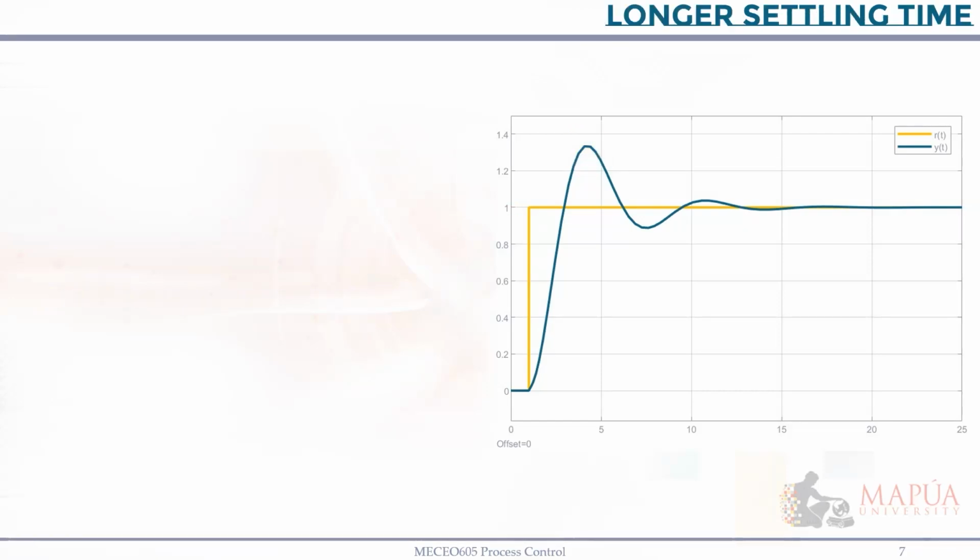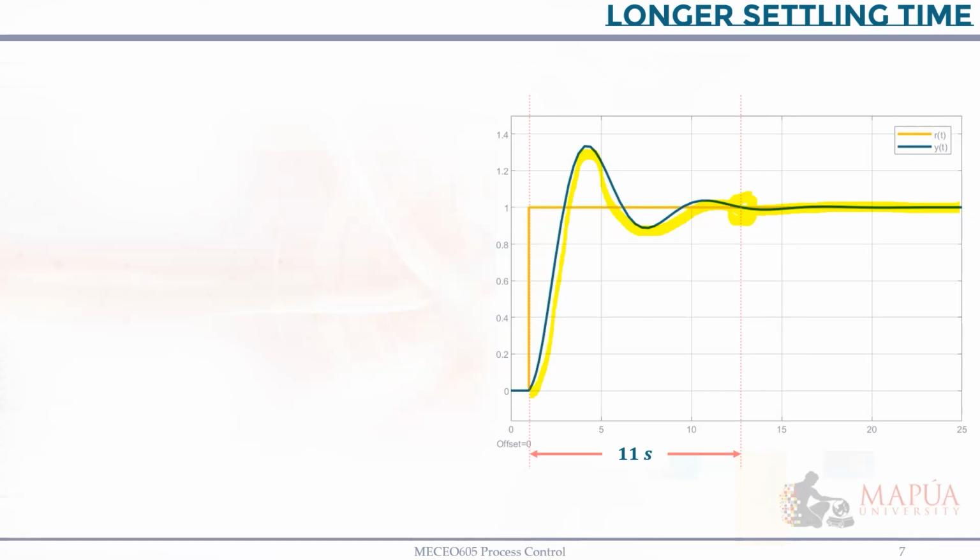Next effect of time delay is the settling time, meaning a longer settling time. In this case, my output starts from 0 and rises, overshoots, then goes back, and then settles down at this part of time here, approximately 11 seconds.